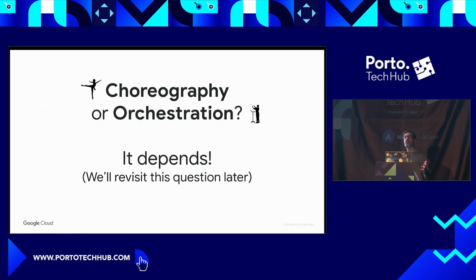So when should you use choreography or orchestration? Direct service call, I would rule out and focus on choreography or orchestration. And when should you use one or the other? Well, it depends, actually, and we'll revisit that question later on as well. But one extra point I'd like to make is that it doesn't mean you have to use one exclusively and not the other. In big systems, usually you'd have both.